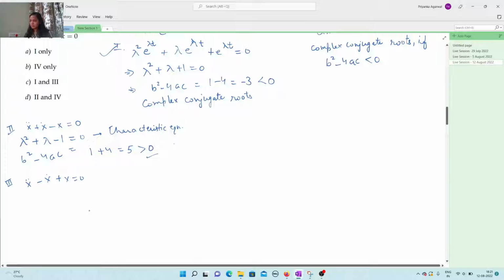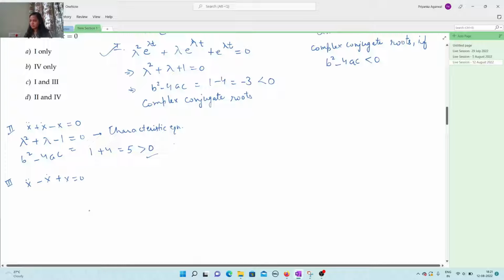So therefore what we know is that the general solution of this equation can be written as a constant c1 into e to the power minus 2t plus another constant c2 into e to the power minus 3t.